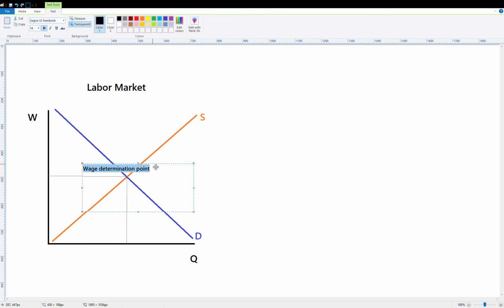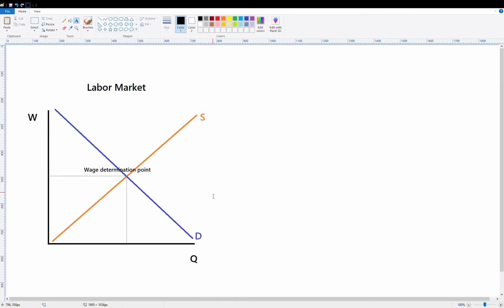These can also shift left or right. The supply curve shifts right obviously when there are more workers.